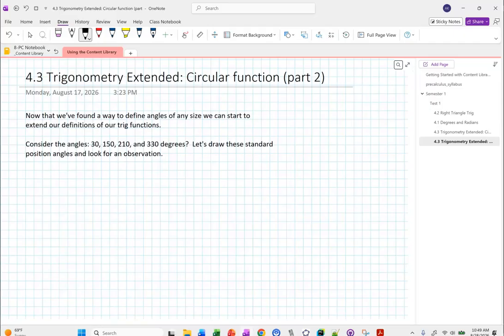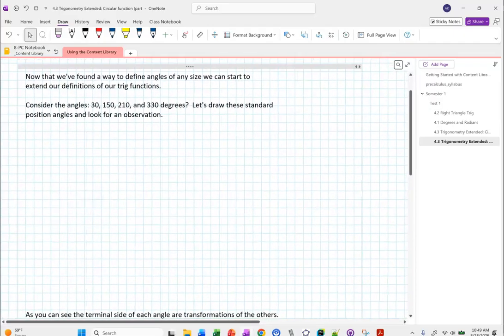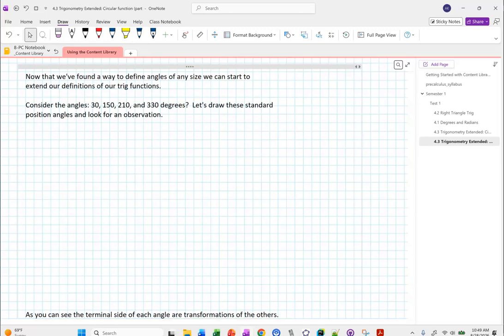So I want to start by drawing the standard position angles for 30, 150, 210, and 330 degree angles. I'm going to color code these so we can see them all on the same axis.